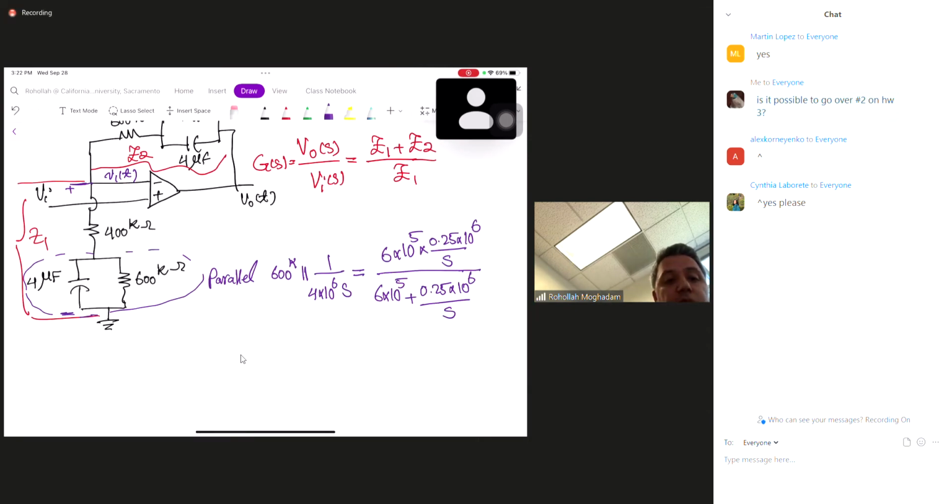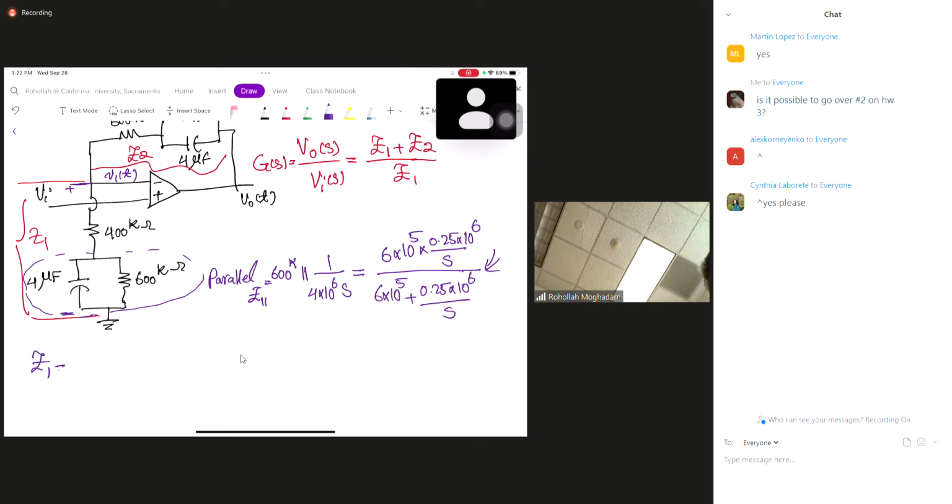If I put it as Z11, then I will find those values. Now for Z1, we have a resistor 400K in series with Z11. So Z1 becomes 4 times 10 to the 5 plus Z11.